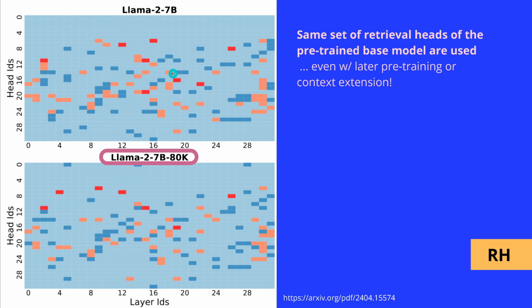And we have 1, 2, 3, 4, 5, 6, 7 hot retrieval heads in the extended version of 80K context length. So not at all a tenfold increase. They stick with more or less the same amount of strong retrieval heads. It even goes down by one.